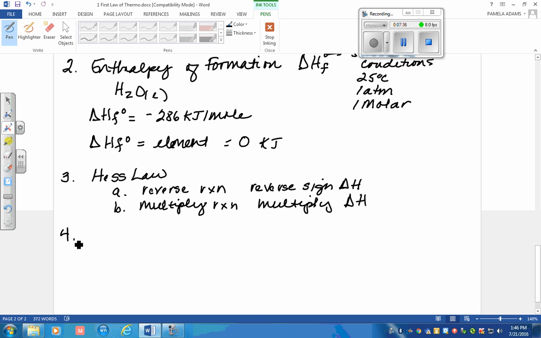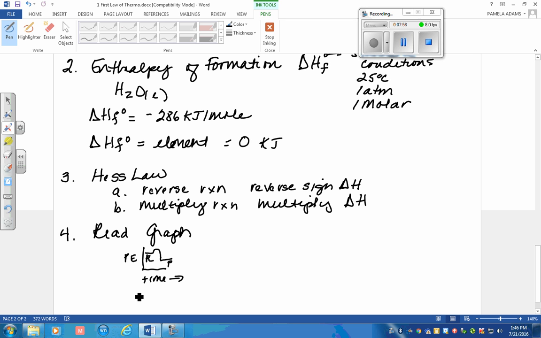You can also read the enthalpy change from a graph. So if I had a graph that looked like this, and these were the reactants and these were the products, this is the potential energy of the reactants, the potential energy of the products, and this is time.